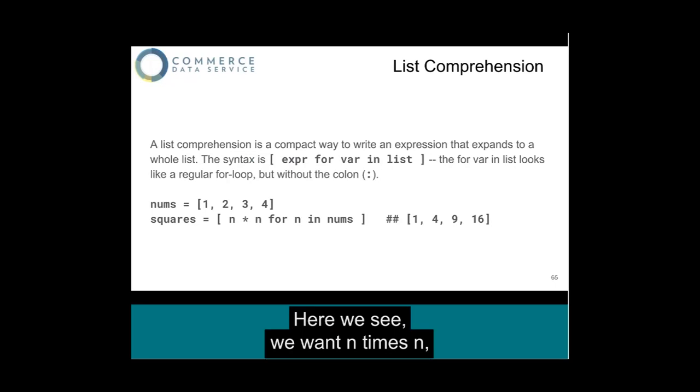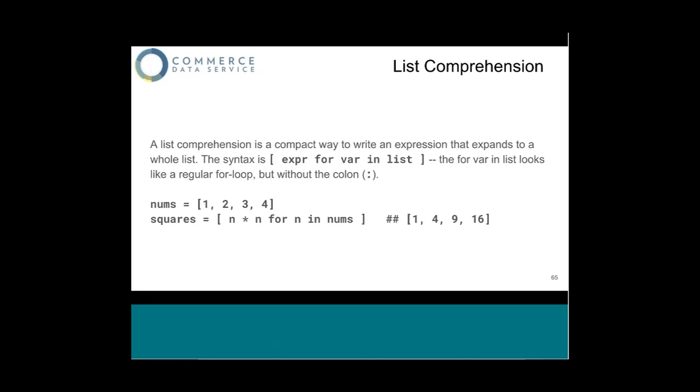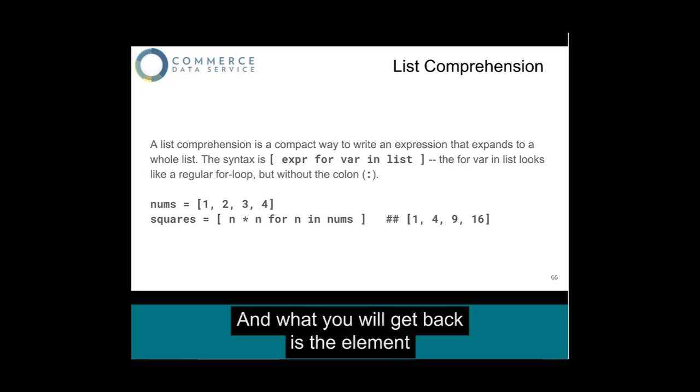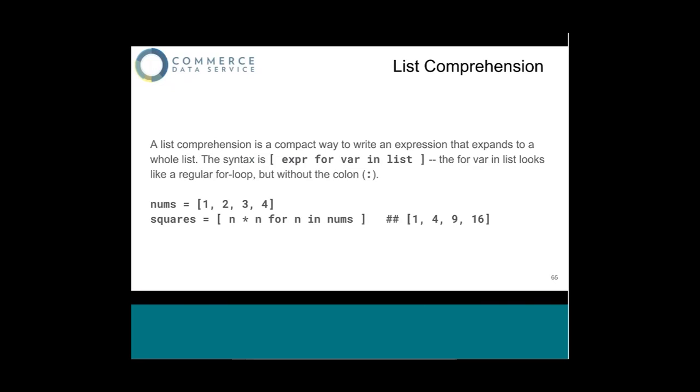So here we see we want n times n, which is essentially the square of n, for every n in the list numbers. And what you will get back is the square of each element in that list as a new list, not replacing it in memory.